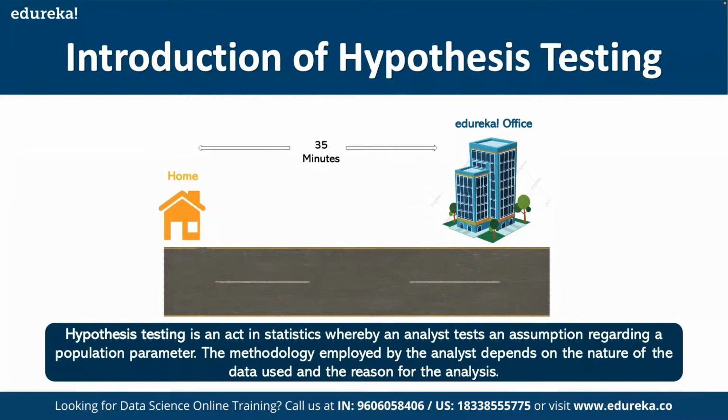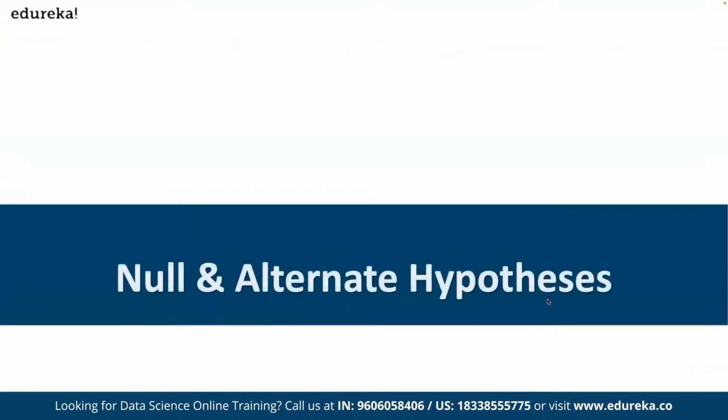These are some of the assumptions that we have. Once we have an assumption, we call it a hypothesis, and we are going to test it. In order to test this hypothesis, we select a sample from the population and then perform the testing. The method that we use always depends on the nature of the data and the reason for the analysis. That's the core idea about hypothesis testing.